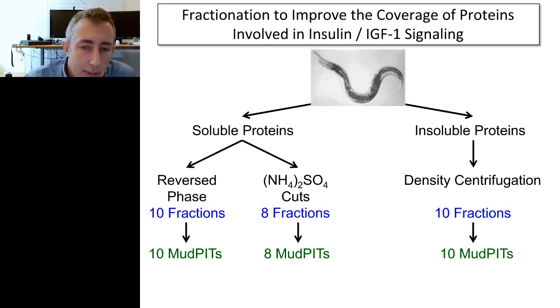We separated based on charge into 8 fractions, then digested those and measured the peptides. We also tried to separate the insoluble proteins by density centrifugation and measure those. And each of these mud pits, these LC-LC runs, was taking 24 hours.